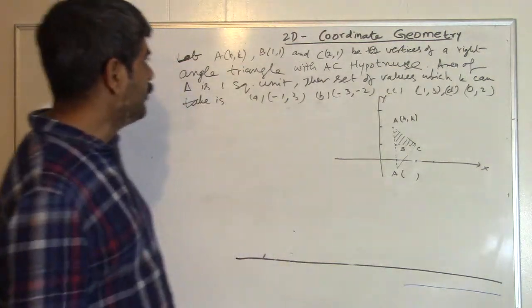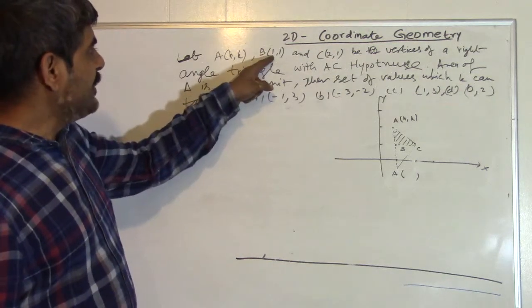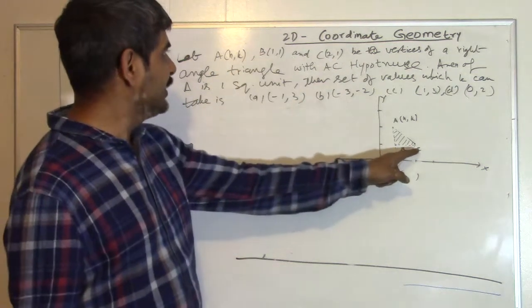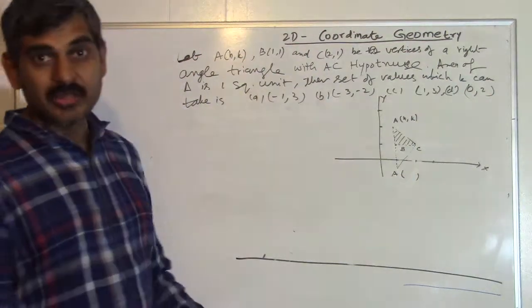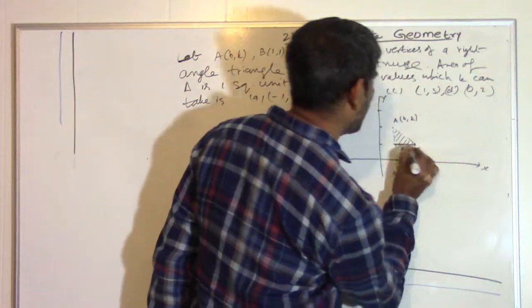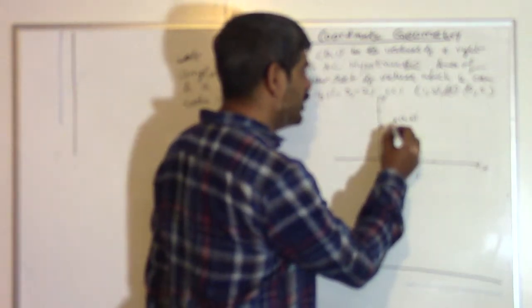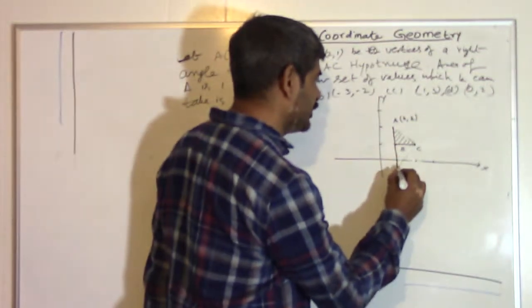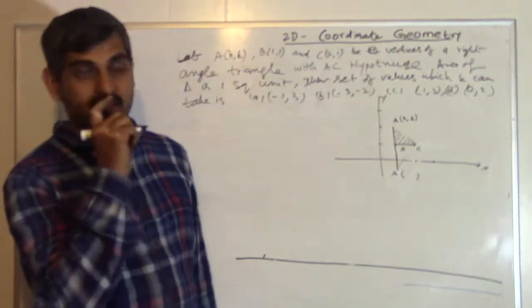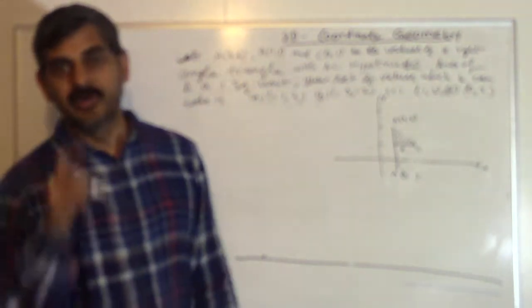What helps us is that B is (1, 1) and C is (2, 1). We know that BC is parallel to the x-axis, which means that this A is always going to be on this vertical perpendicular line. Both of these points should have the same H value, only the K value will be different.